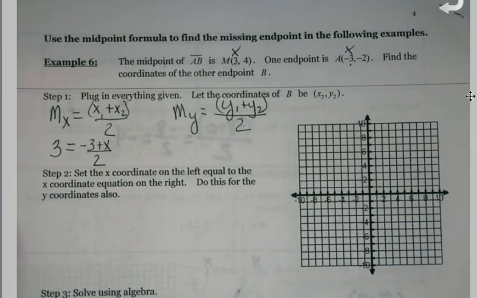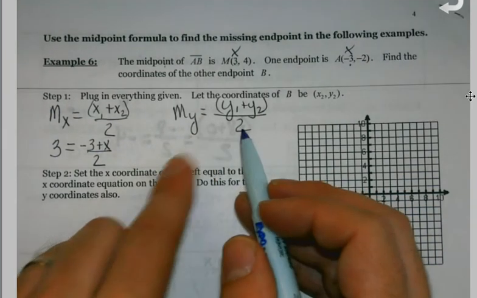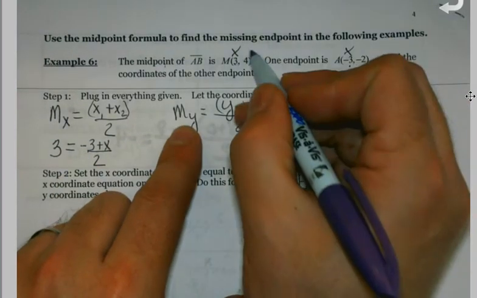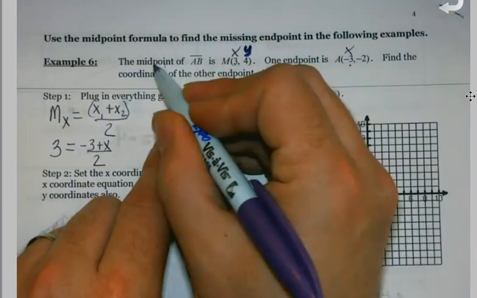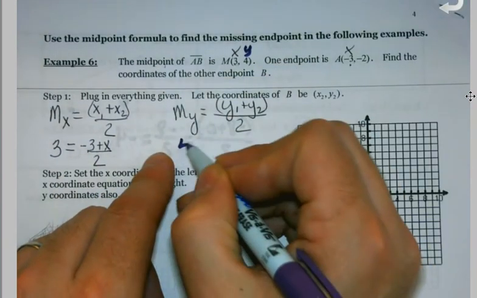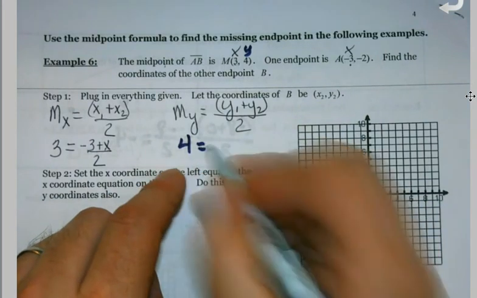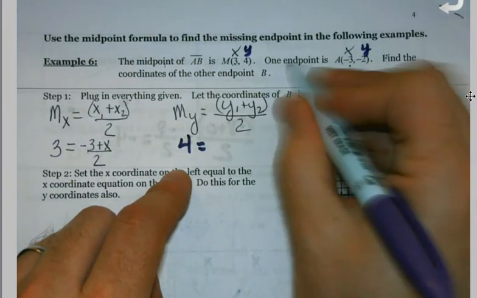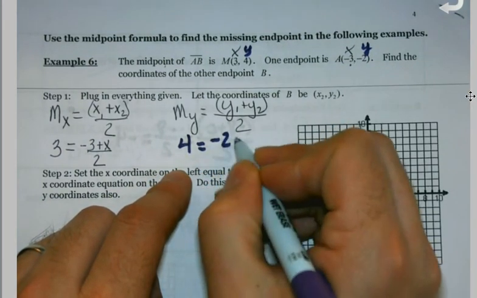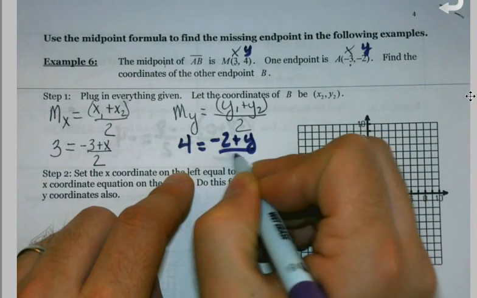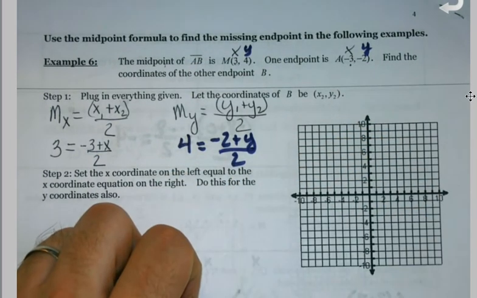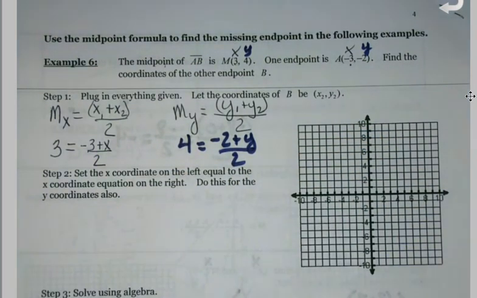I'm going to do the same thing for y, and then I'll solve this. My y value of the midpoint is 4. My y value of my endpoint is -2. So you're like, okay, so this basically is going to turn into an algebra problem.